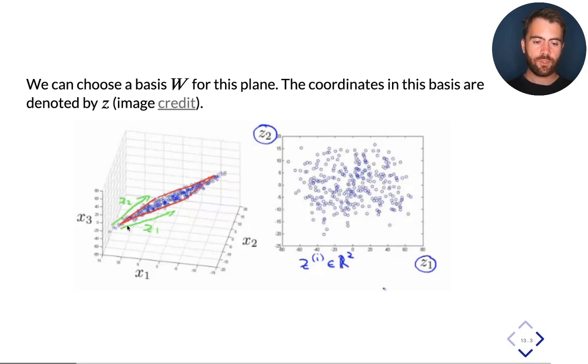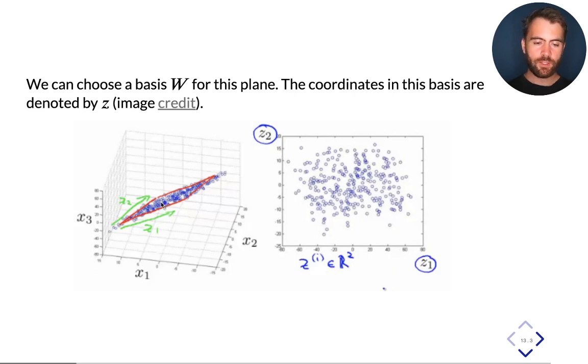In other words, if these two vectors correspond to my basis, then it's as if they place axes along this two-dimensional plane, and they define a new coordinate system within this plane, and for each point we can find its location on this plane in the new coordinate system, which has Z1 and Z2.